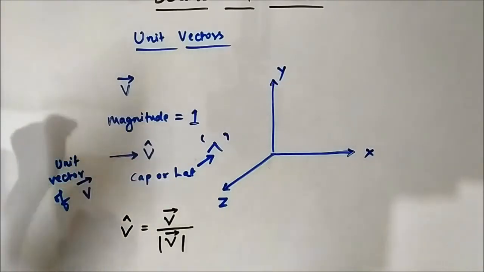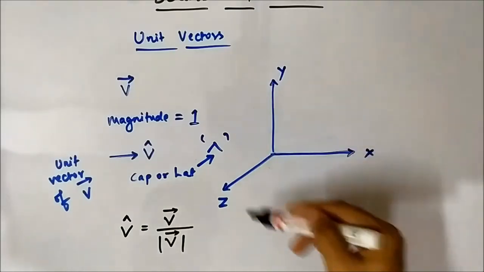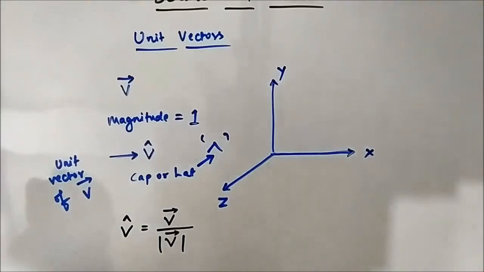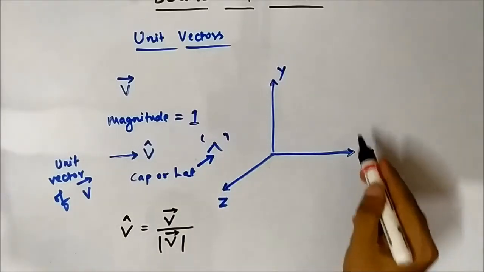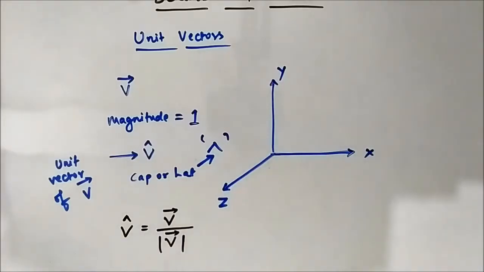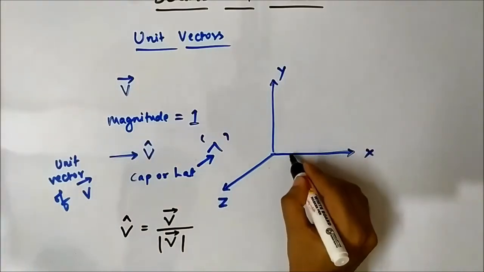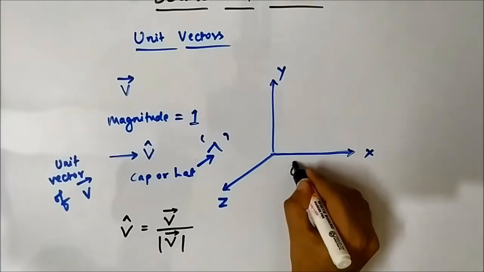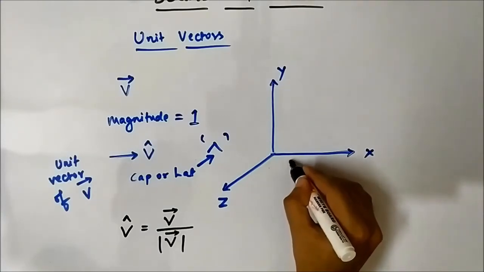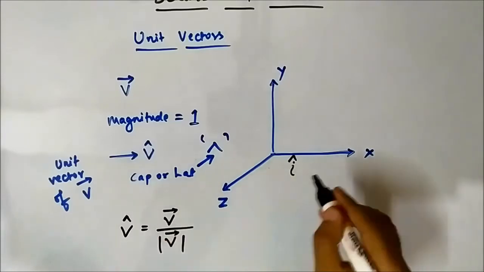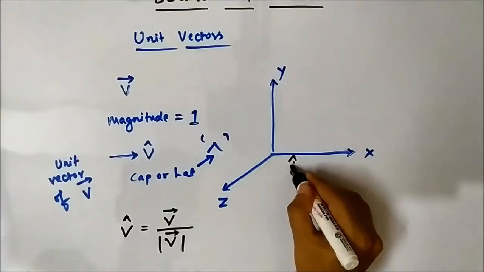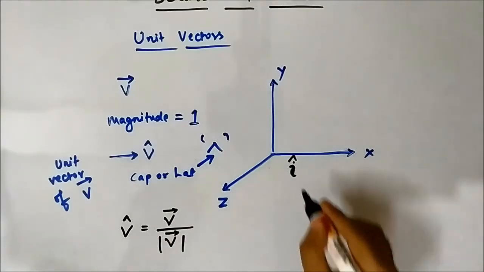Now the unit vectors for the 3 coordinate axes: for the x axis the unit vector is I cap.